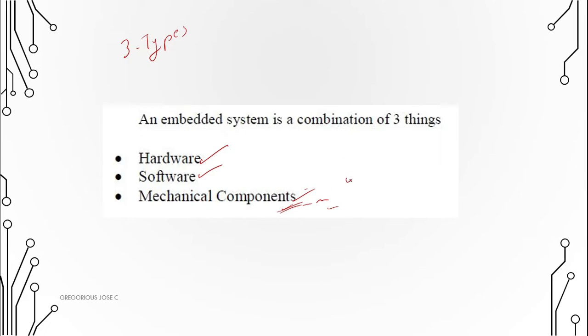The best example is the washing machine. Considering a washing machine, there is a hardware part, some circuit board and such things, and a controller processor, and a software part. The software part may be the program or code or application program that can be run on a real-time operating system, and the mechanical components such as a motor that is used to run the mechanical part of that system.